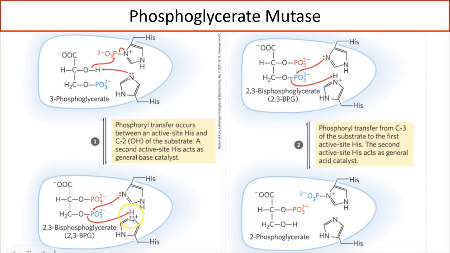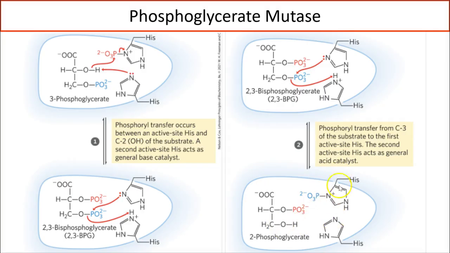And so thus the histidine that is protonated says, okay, I don't need this proton. And so it gives it back to the glycerate type of carbon molecule. And then from there, now we have that phosphate group that is now on the 2nd carbon, and the 3rd carbon no longer has the phosphate group attached.